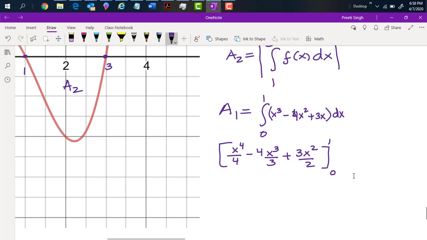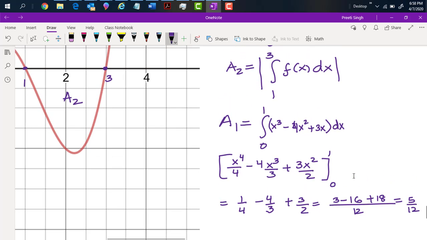Using the fundamental theorem of calculus, this is given by 1/4 minus 4/3 plus 3/2. If I take the common denominator, which will be 12, this becomes 3 minus 16 plus 18, and that comes out to be 5/12, because 18 plus 3 is 21, and 21 minus 16 is 5.